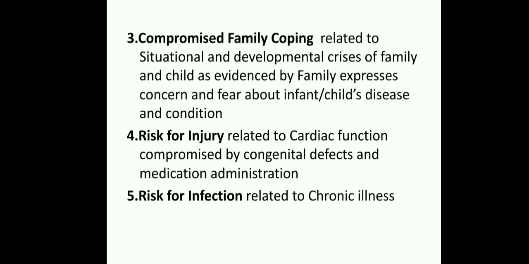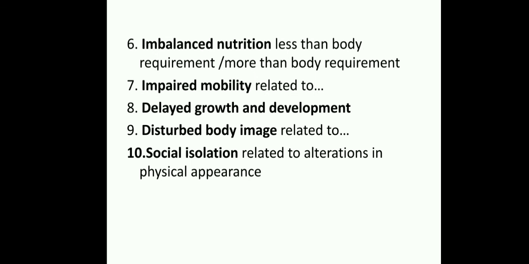Because of medication, the baby may suffer some intestinal injuries and problems. And the next one is risk for infection related to chronic illnesses. And the sixth one is imbalanced nutrition, less than body requirement and more than body requirement. If it is a preterm baby with less than body requirements, you should write imbalanced nutrition. If it is an infant of a diabetic mother, you should write more than body requirement.